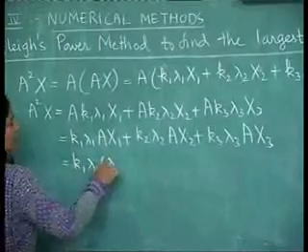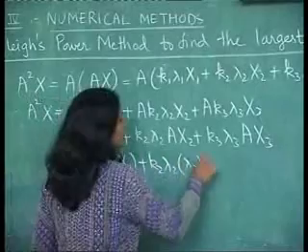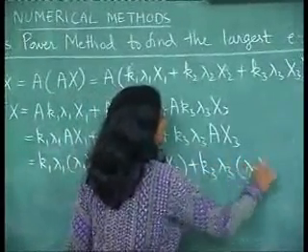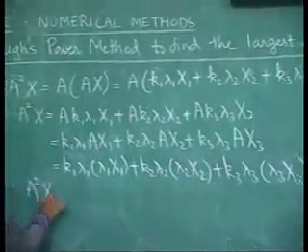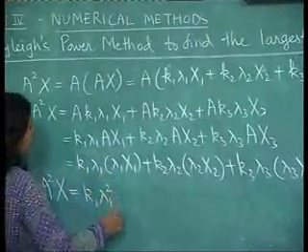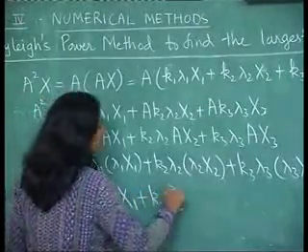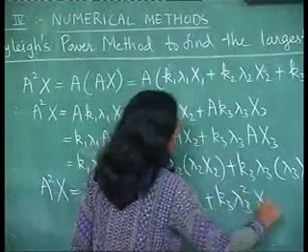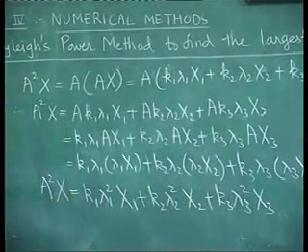Ax1 is lambda 1 x1, Ax2 is lambda 2 x2 and Ax3 is lambda 3 x3. So I get A square x as k1, lambda 1 into lambda 1 becomes lambda 1 square x1, plus k2 lambda 2 square x2 plus k3 lambda 3 square x3. So A square x looks like this.